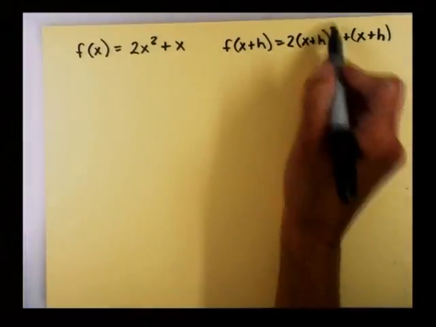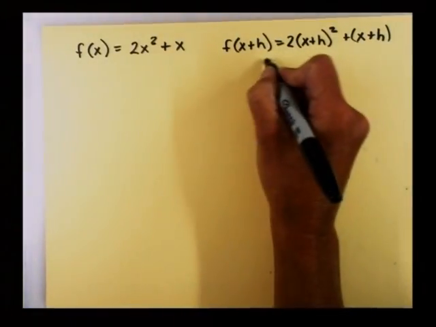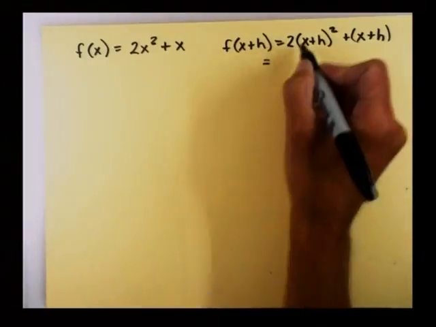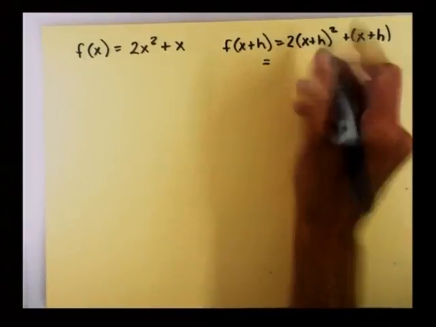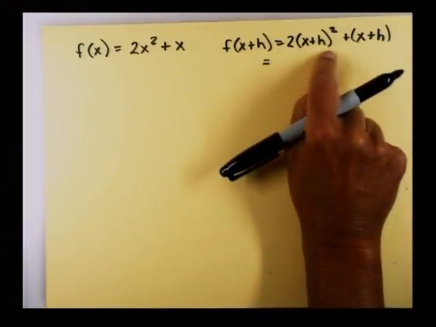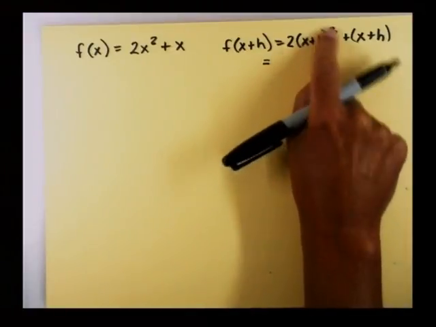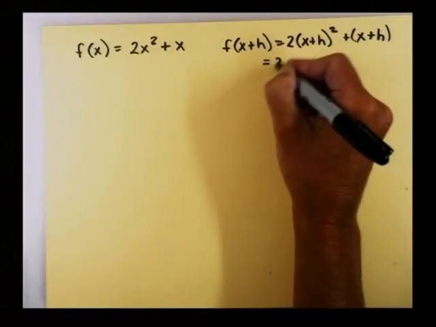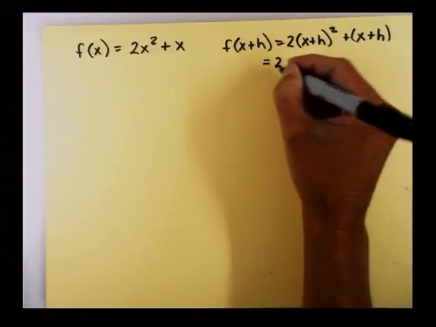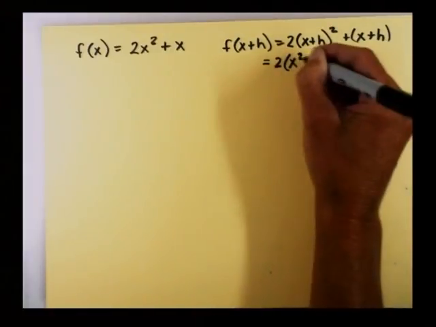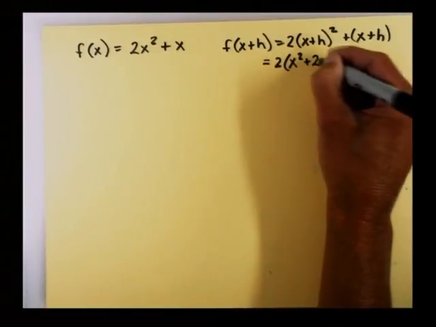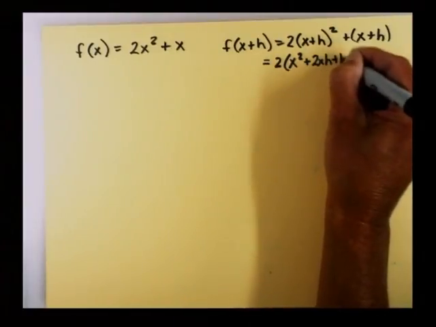All right, let's simplify this. X plus h squared, remember, is x plus h times x plus h. We're going to be multiplying that out. It's a perfect square here. So x squared plus 2xh plus h squared.